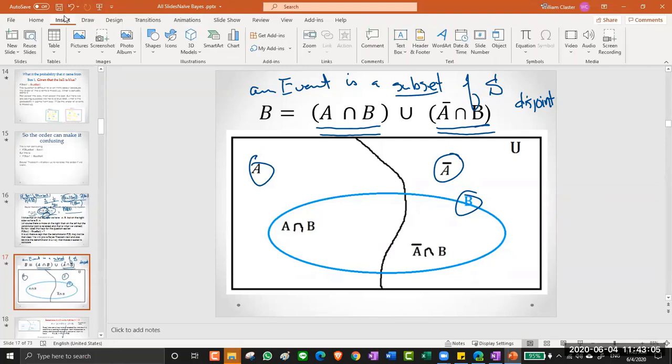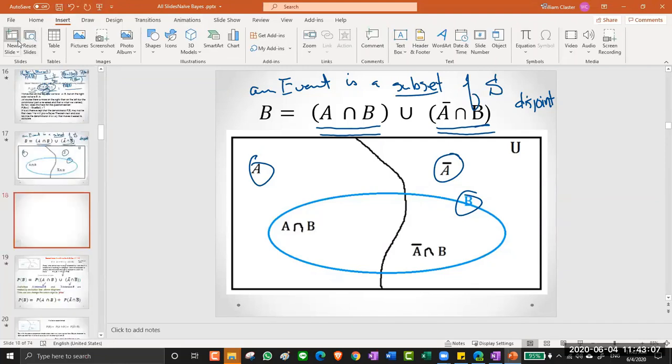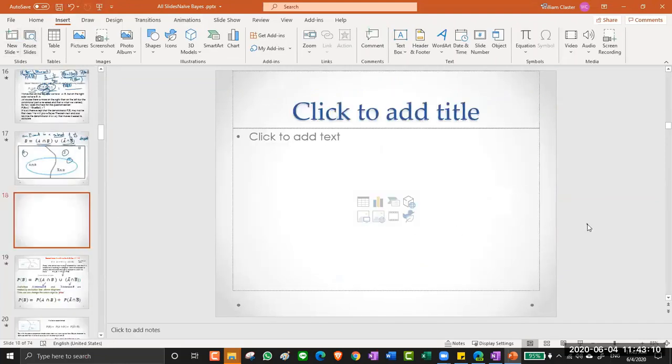Now, remember that we had something just maybe 30 minutes ago or less than that, where we said the probability of E union F was equal to the probability of E plus the probability of F. Do you remember this statement?